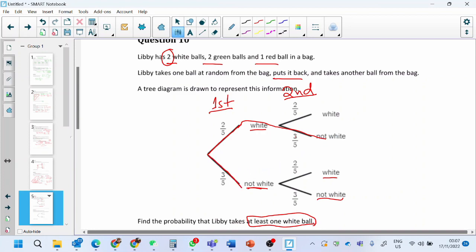And if you go on this branch, not white, and then on this branch it's white. In these two branches there is at least one white. Other branches, if you go to this branch, there is no white, and at least there should be one white.